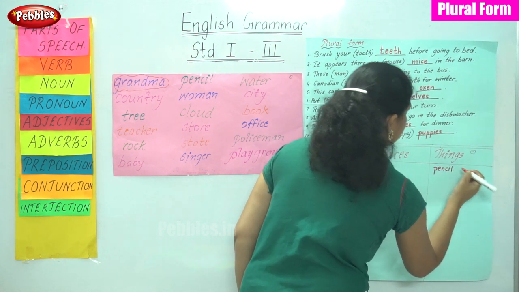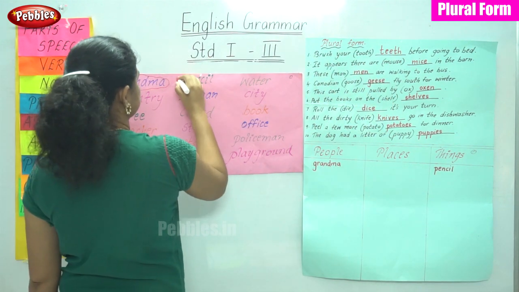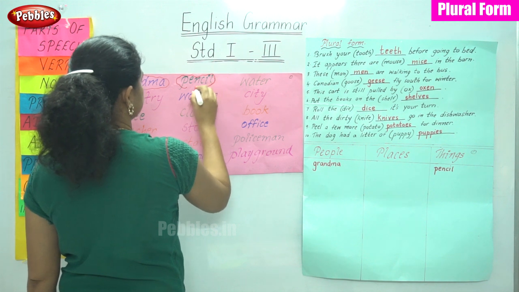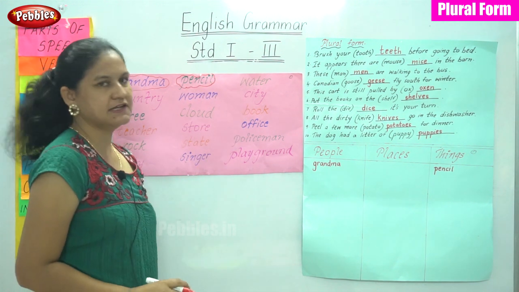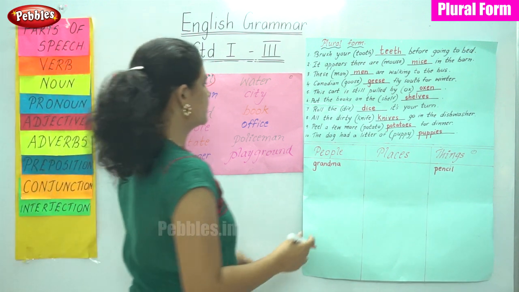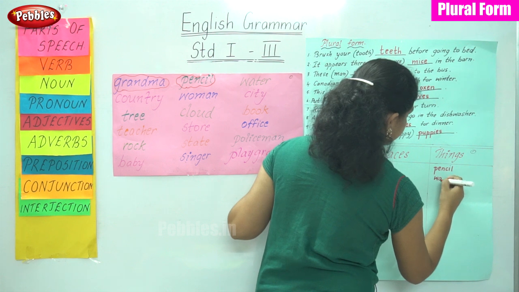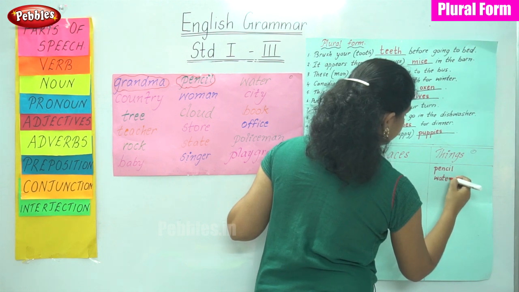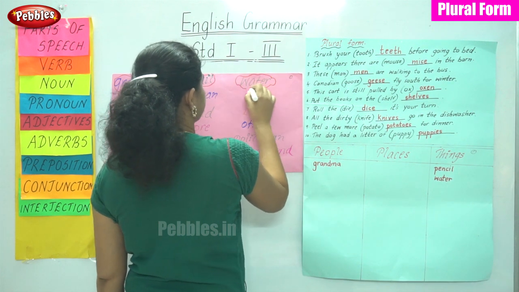Pencil is a thing that we use to write. The next word is water. Water again is a thing that we use, so I write it under things.